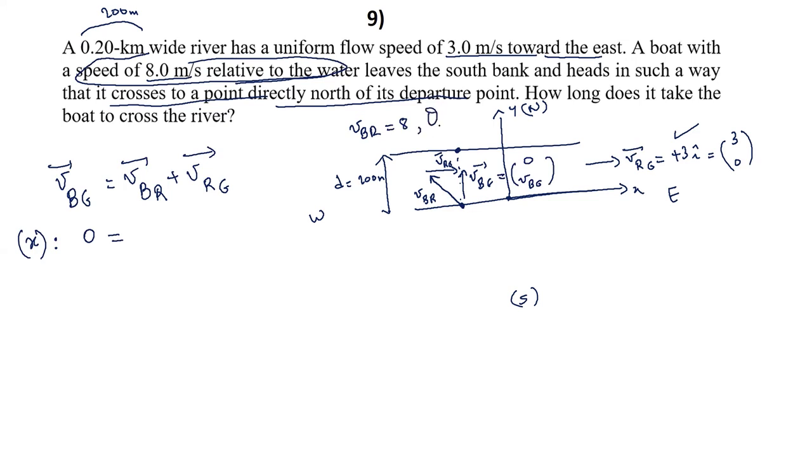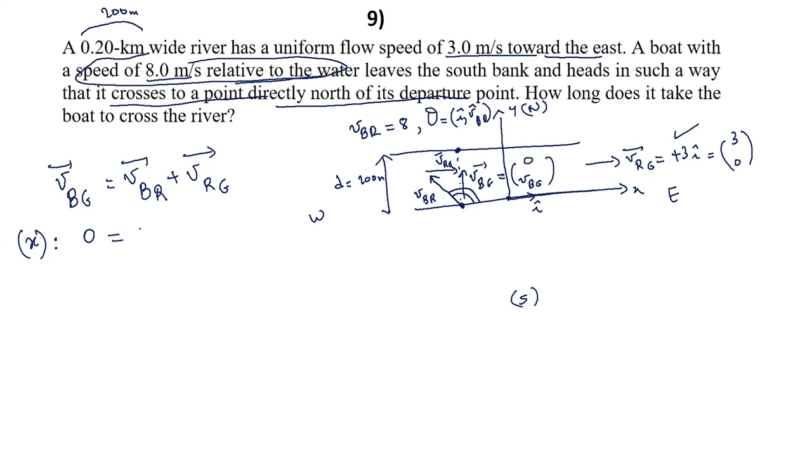Here's the angle. I will call it the angle between positive x, basically i hat, which is in this direction, and VBR. So basically the angle that I'm talking about is this angle here. Good. Now I know the magnitude, and the angle, I don't know it. I will just call it theta.